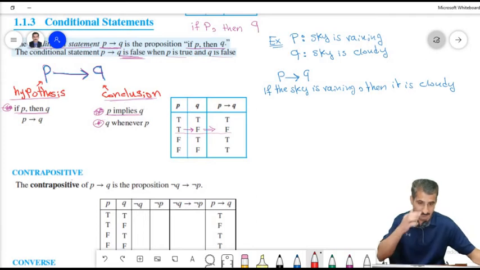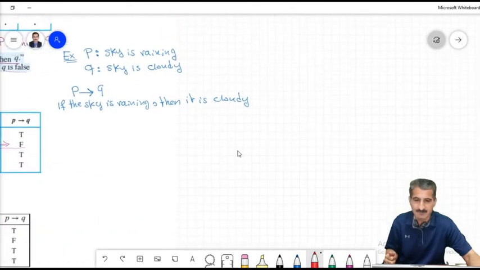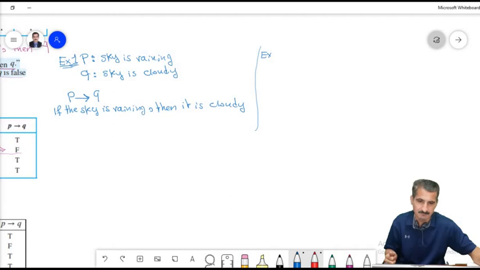Okay. I want to demonstrate other examples for this because we will come back to them. So let me say this is example 1. Example 2. P: I live in Muscat.